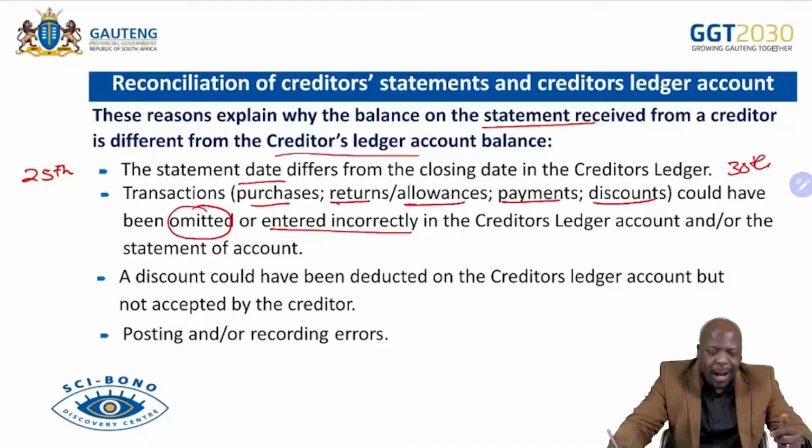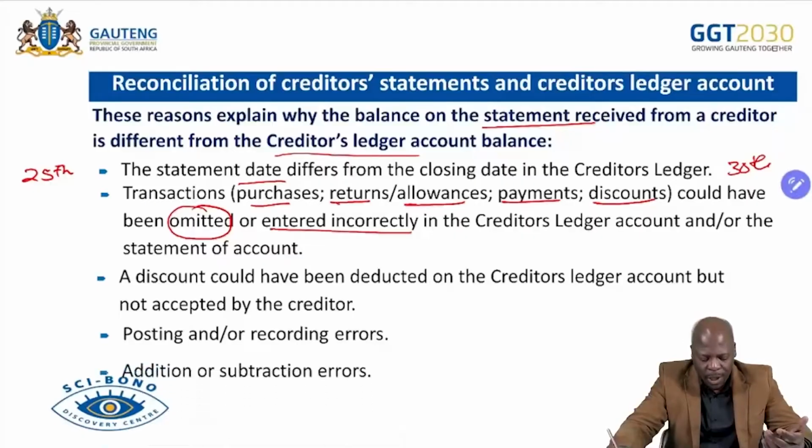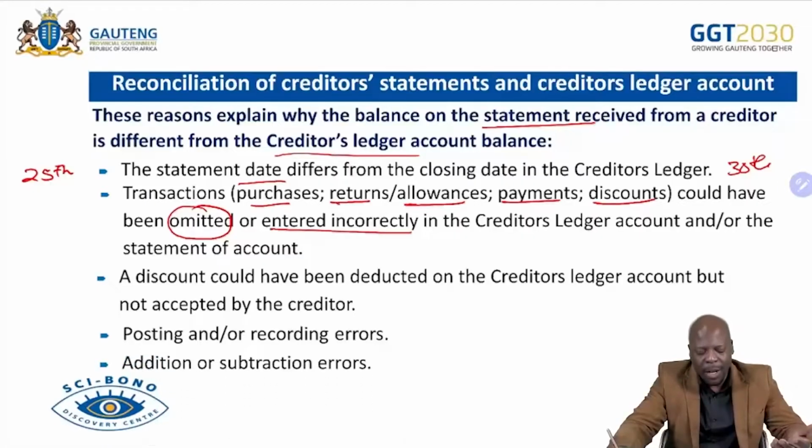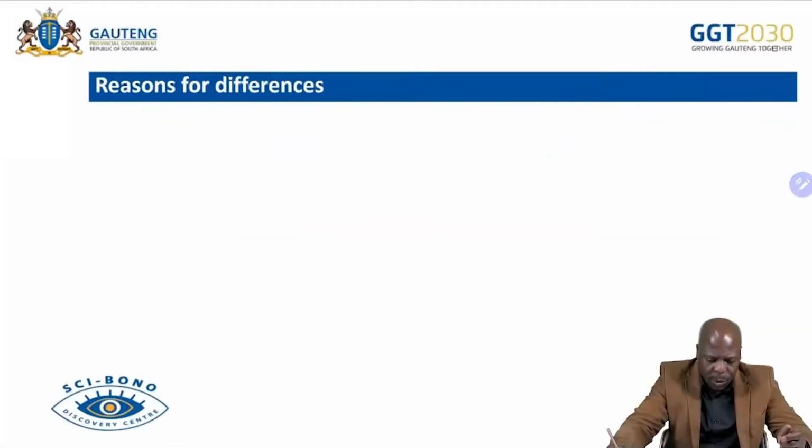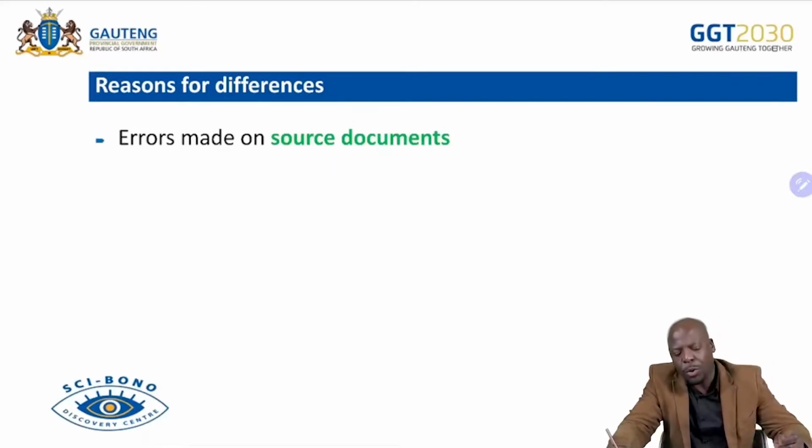Now, the other aspect has to do with posting or recording errors. I'm going to expound more on this one as we go on in today's lesson. The other one has to do with addition or subtraction errors. You can make a mistake in adding or you can make a mistake in the subtraction as well. Now, the reasons for the differences: errors made on source documents.